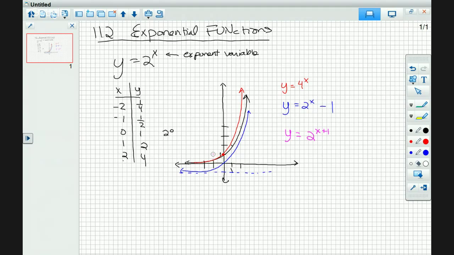So the new y-intercept is here. The y-intercept 0 is now 2. And you can see that matches up with this point, right? And then the asymptote is still the x-axis. It just doesn't come down to it. So use your families of function knowledge there to move things up and down and left and right.